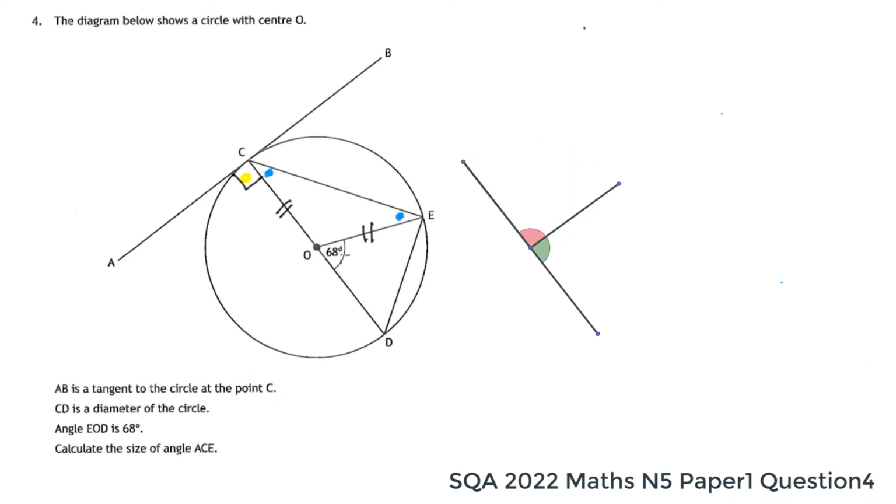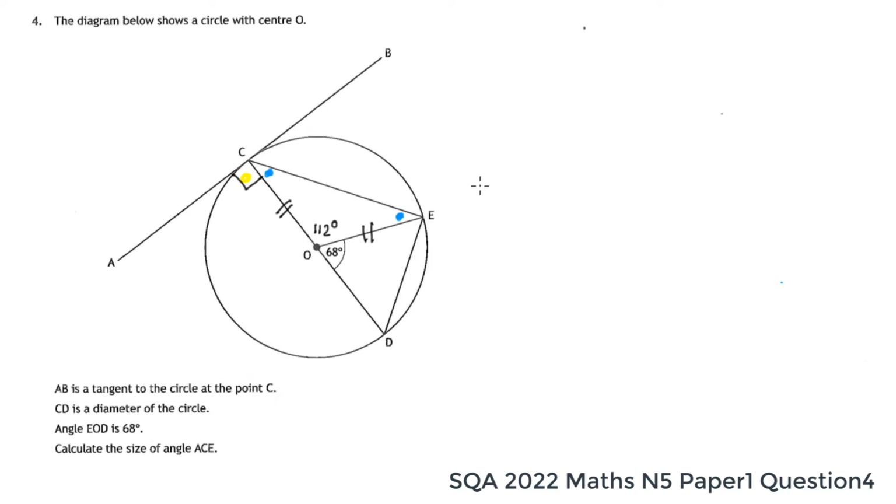So we have 68 degrees plus this angle here being 180 degrees. So that angle will be 112 degrees. We take 68 away from 180, we get 112 degrees. So let's put that in here. It's 112 degrees.